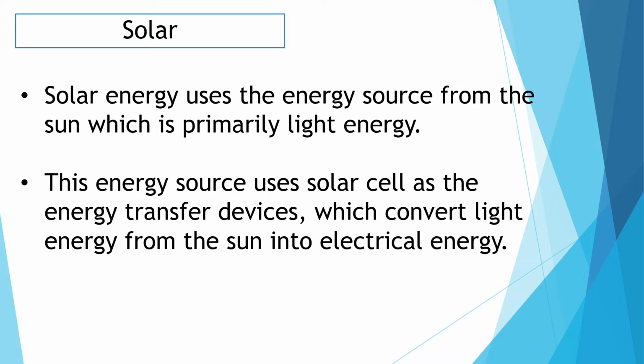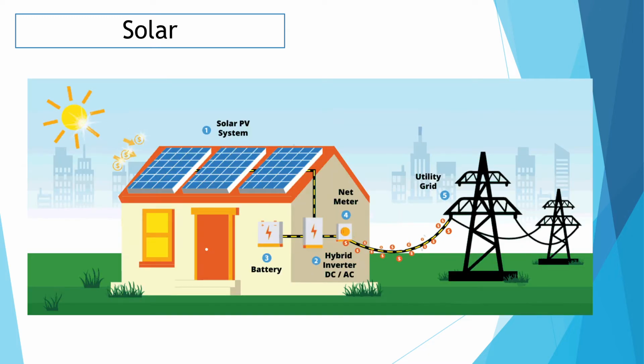It uses solar cells to convert the light energy into electrical energy. The light energy from the sun will be absorbed by the solar cell, and inside the solar cell it will convert this light energy into electrical energy. That will be used to generate power to your house. So that's for solar.